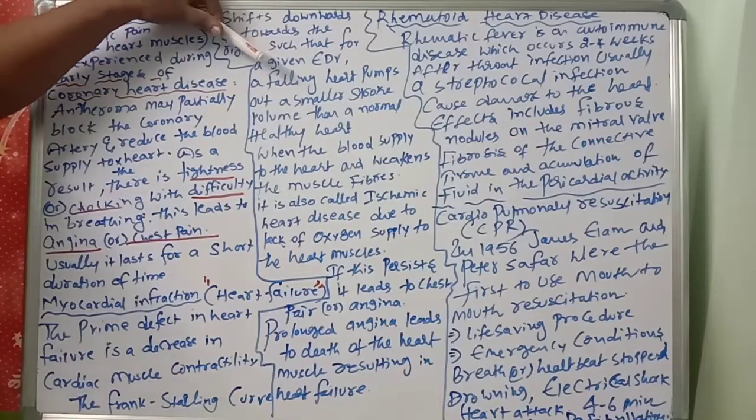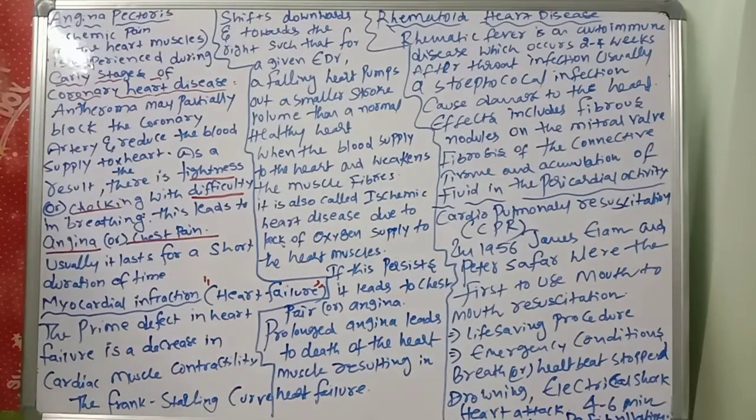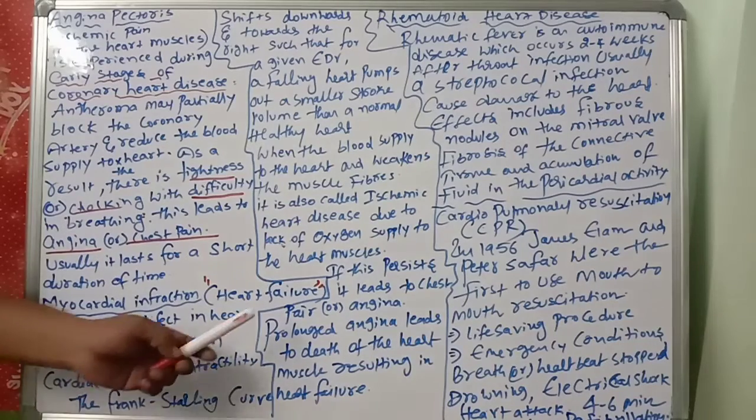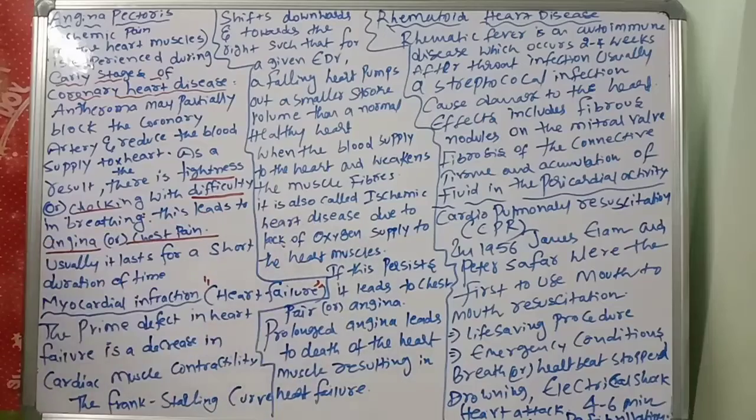Next, when the blood supply to the heart is reduced, it weakens the muscle fibers. What will happen? It is also ischemic. When the blood supply to the heart muscle or myocardium is remarkably reduced, it leads to death of the muscle.